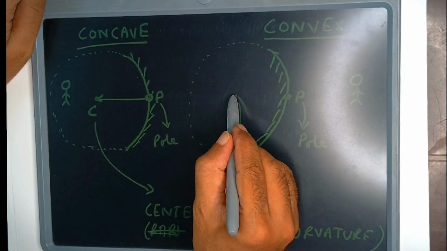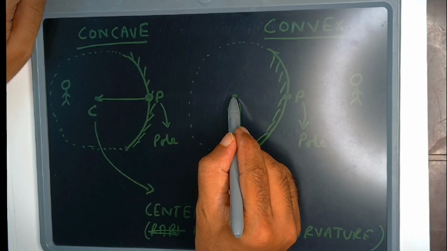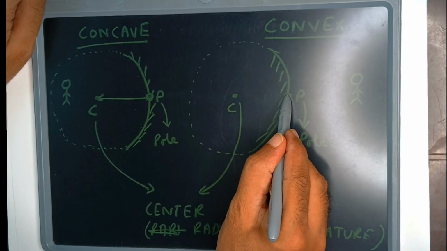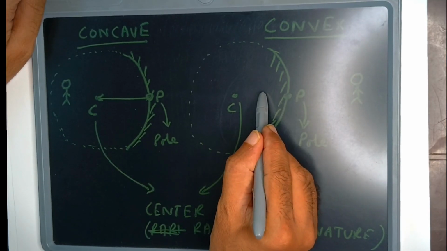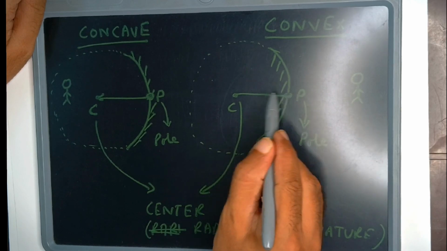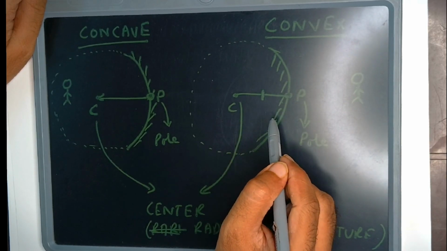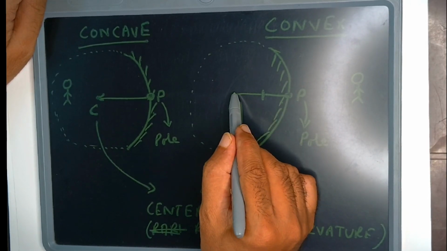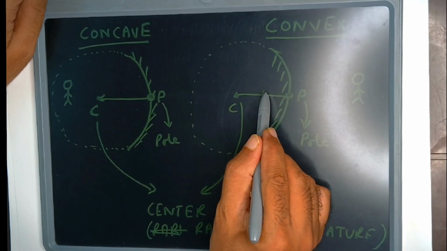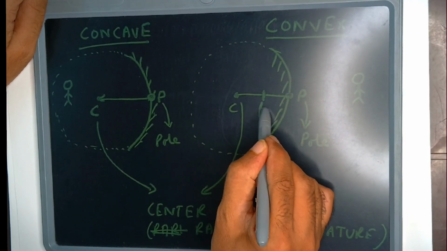Now between the center of the mirror and the pole lies something called the focus. Exactly halfway distance from the center to the pole is called the focus.